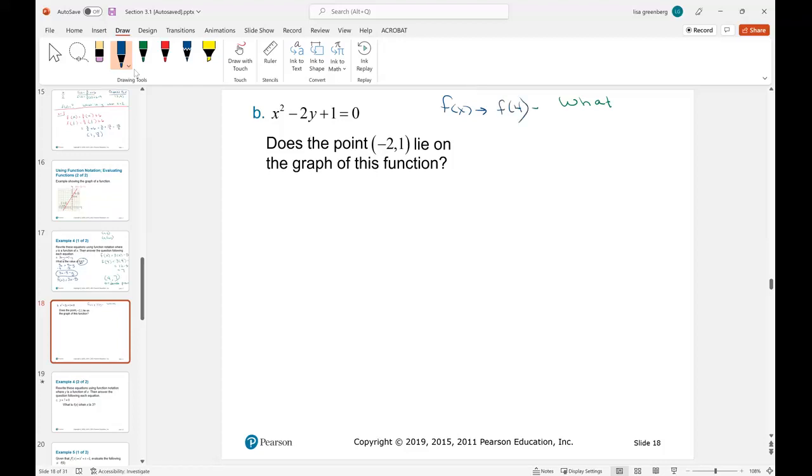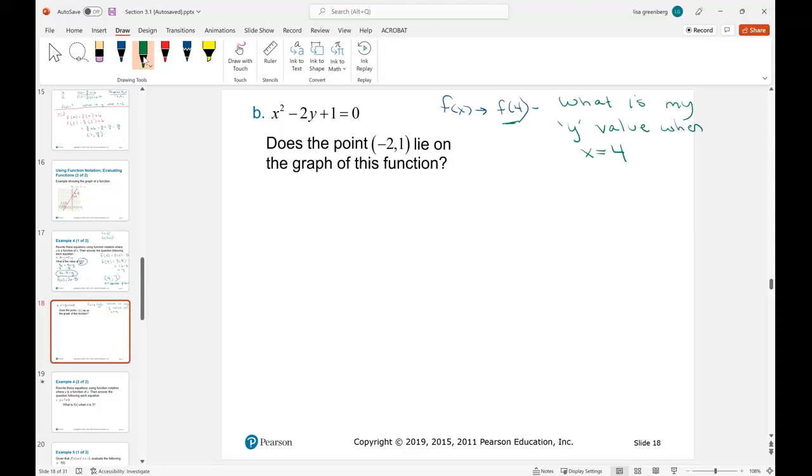What f of 4 means is, what is my y value when x equals 4? That's a lot of words, and I can put that into a very simple notation. So I don't have to continually ask, what is y when x equals 4? I can just say, what is f of 4?